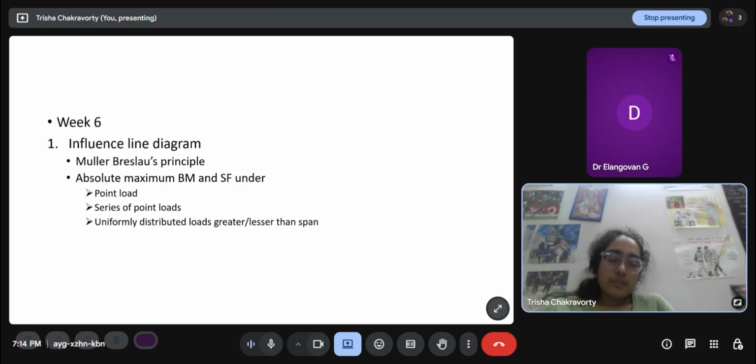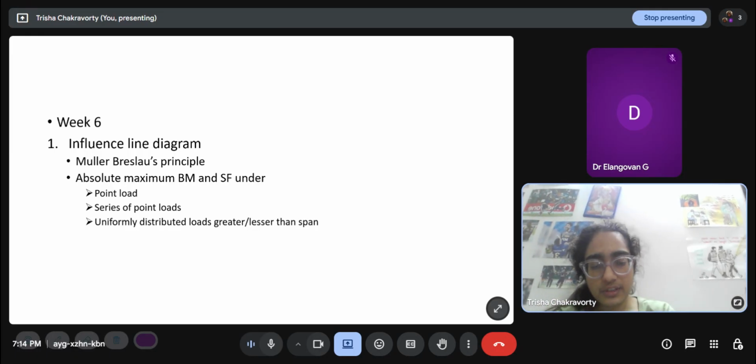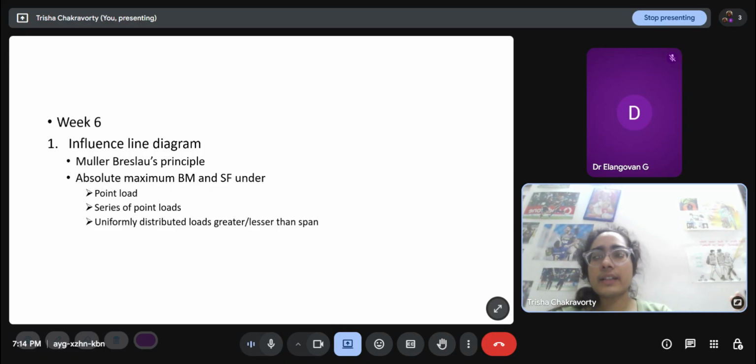Dead loads and live loads in a building generally don't move, but dead load doesn't move. Live load does move. Live load is the furniture weight and the human weight or the vehicle weight in bridges.